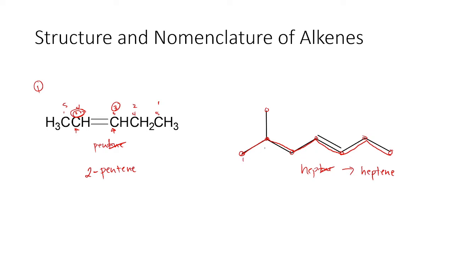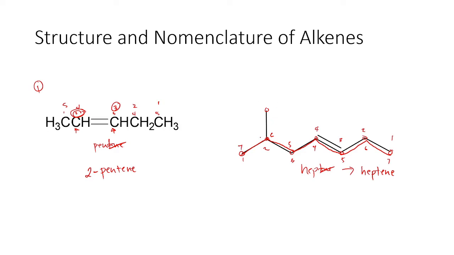So it can be 1, 2, 3, 4, 5, 6, 7, or it can be 1, 2, 3, 4, 5, 6, and 7, having that methyl group there.